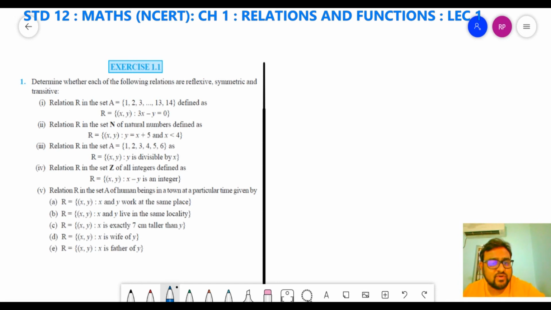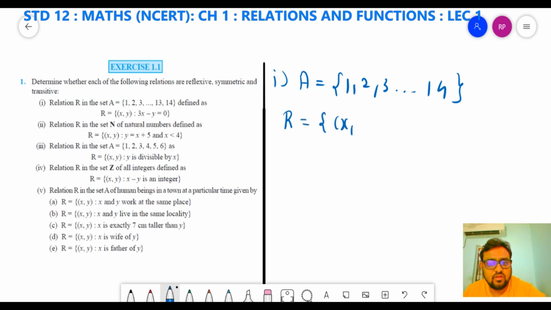It is given that A is equal to {1, 2, 3, up to 14}. And the relation R is equal to {(x, y) such that 3x minus y equals 0}.